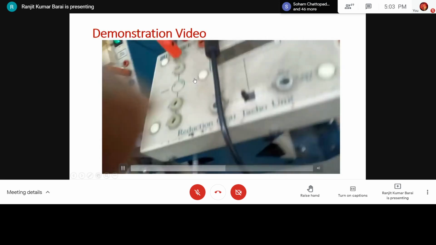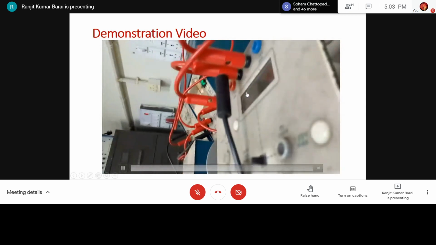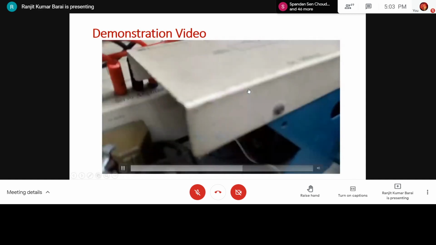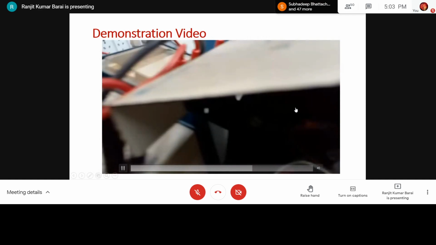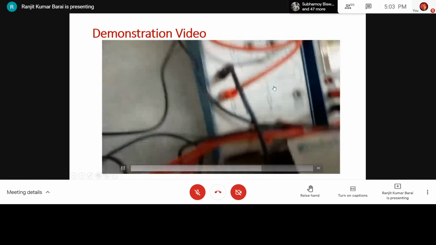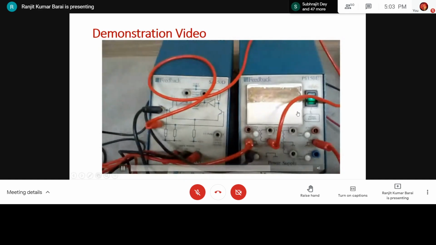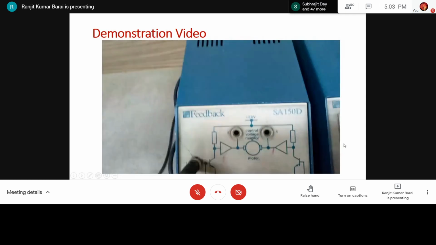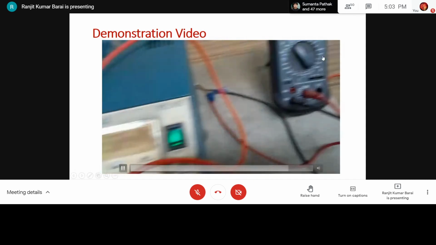This is the TACO generator. The motor is inside. I tried to show it, but it's dark. Light was there actually at that time. But this is the servo amplifier, and this is the power supply. The current measurement meter was faulty, so we replaced that meter by a standard multimeter.